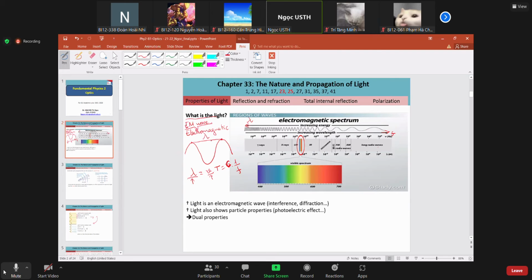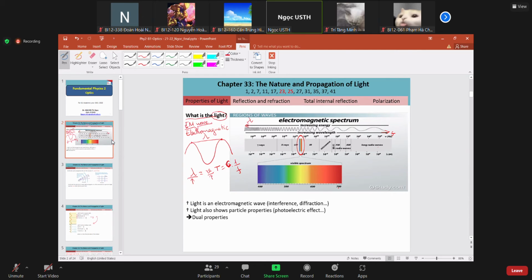In fact, when we talk about light, keep in mind that the electromagnetic wave consists of two components.